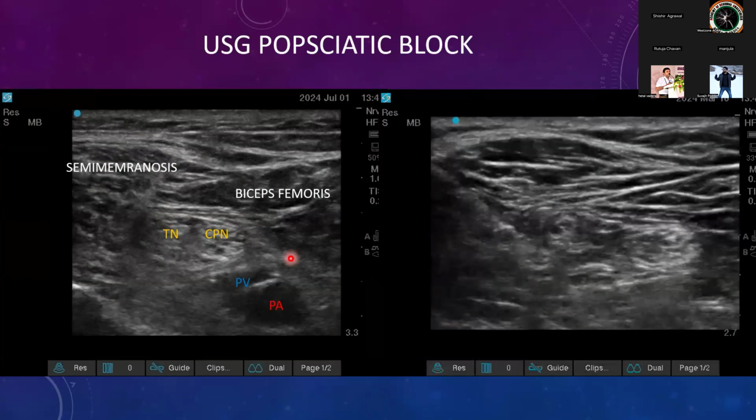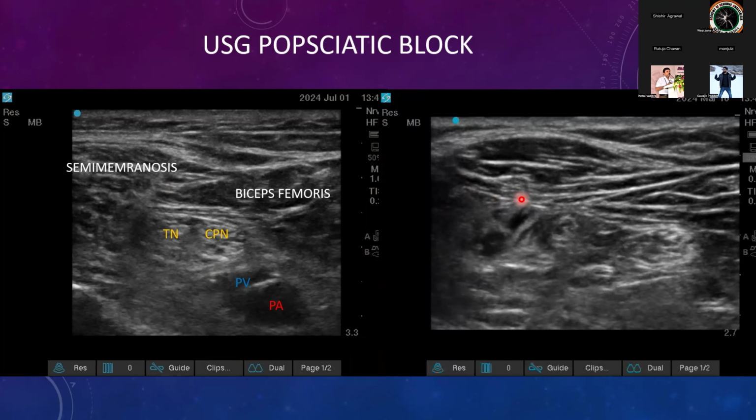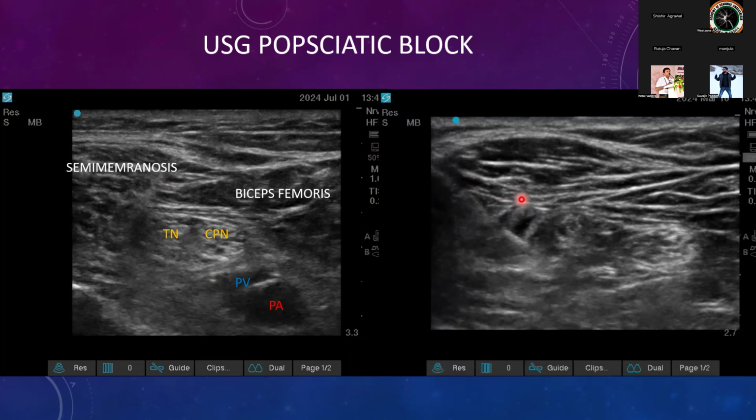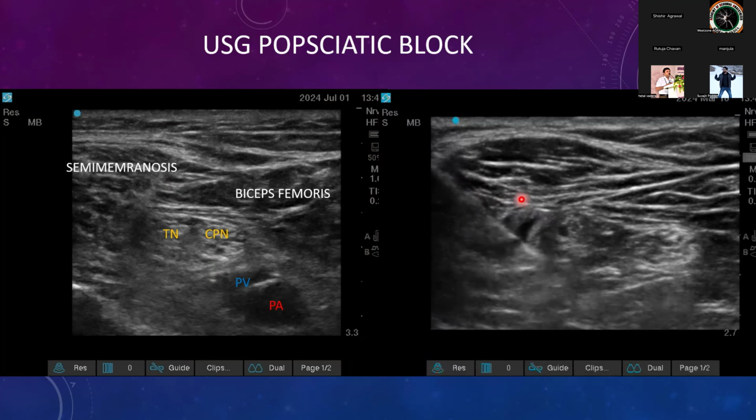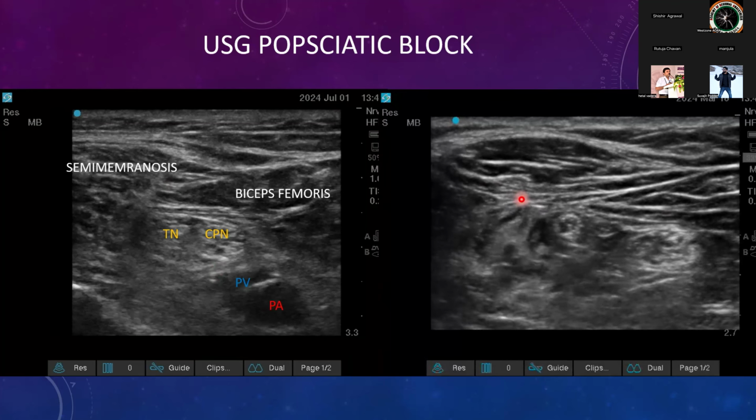We place the probe about 2 to 3 centimeters above the popliteal fossa and identify the sciatic nerve superficially and lateral to the popliteal vessels, between the semimembranosus and biceps femoris. The needle is coming from lateral to medial, and we have to deposit the local anesthetic agent around the tibial and the common peroneal nerve components when both are in the common sheath.